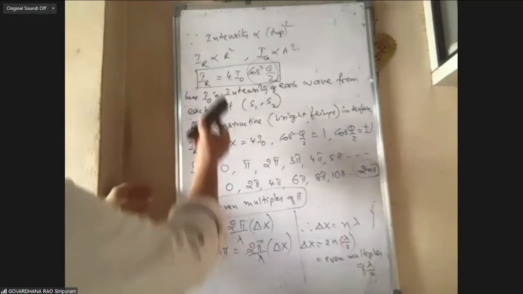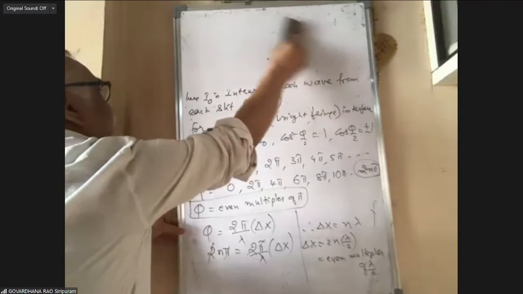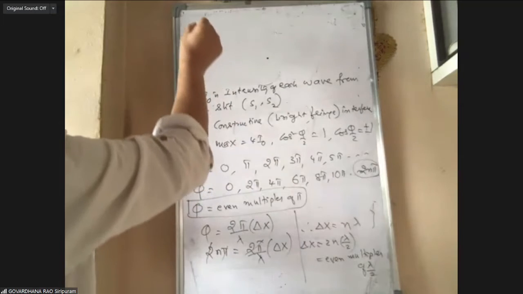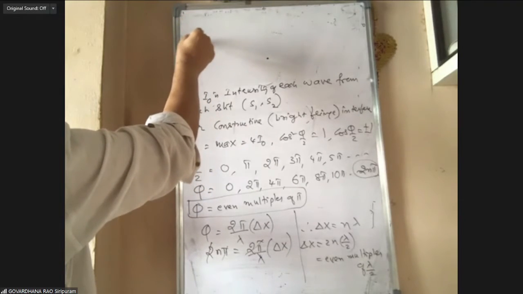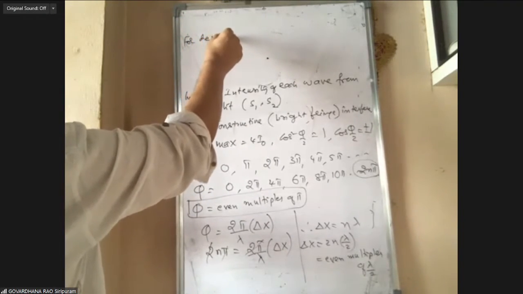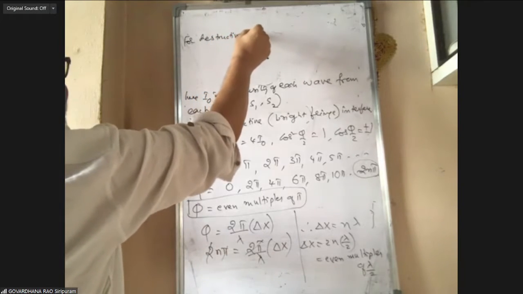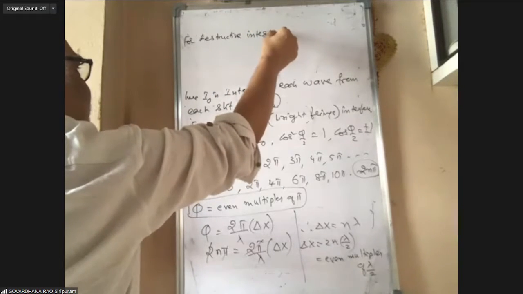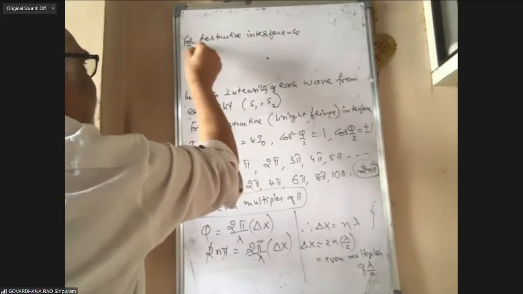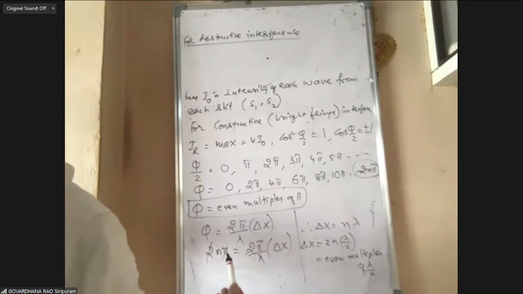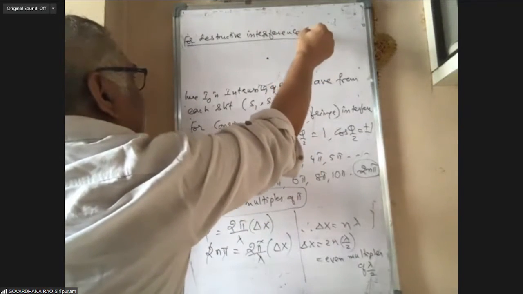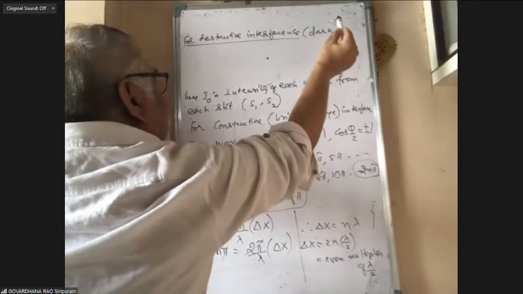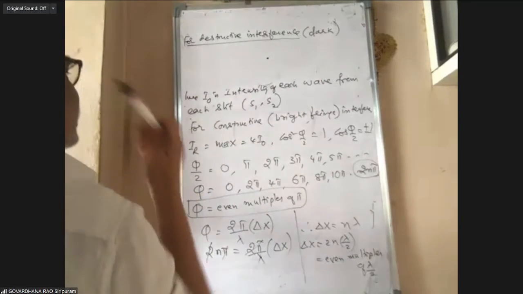What about the destructive? Now for destructive interference, destructive interference means dark fringe.